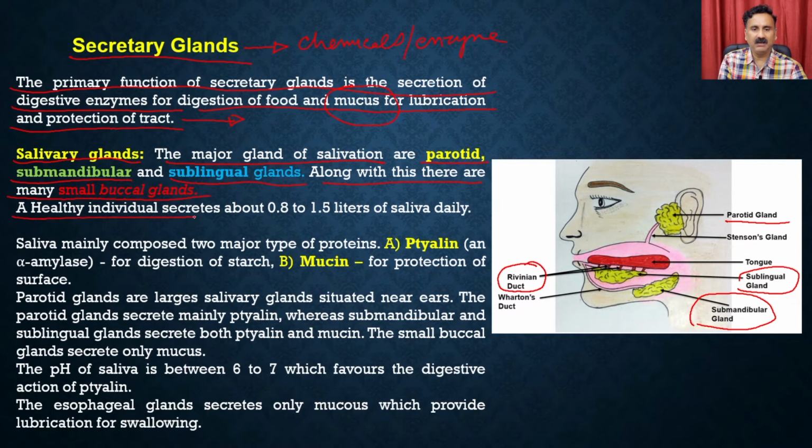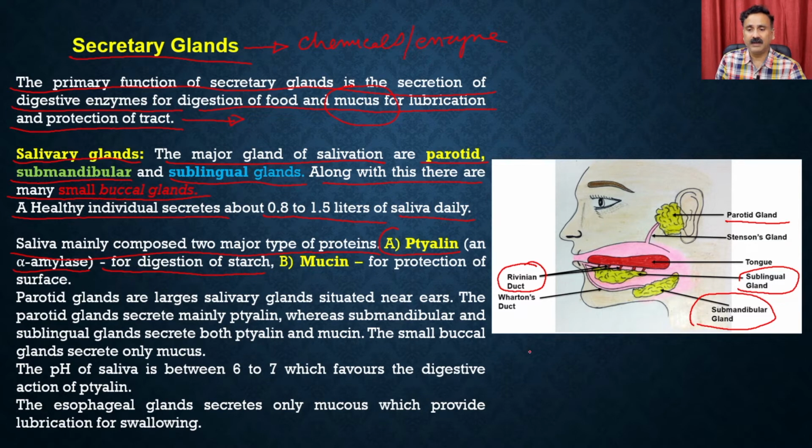A healthy individual secretes approximately 0.8 to 1.5 liters of saliva every day. Saliva is mainly composed of two different types of proteins. One is called ptyalin or alpha amylase, which is required for the digestion of starch or sugar, and that is why when we are taking a complex food, it gives us a sweet taste.